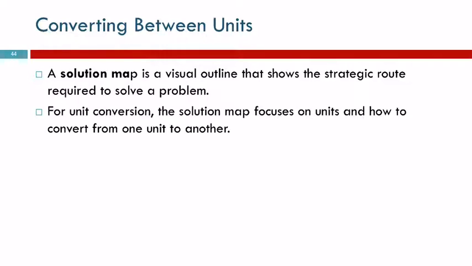So, we talk about a solution map. A solution map is just a visual outline that shows how we're going to solve a problem. Any of you guys ever watched Dora the Explorer? Yeah, you're maybe a little past that generation, but maybe you had younger siblings that watched it. So Dora was always trying to get somewhere, and she didn't know how to get there, right? She needs to get to the snowy mountains.